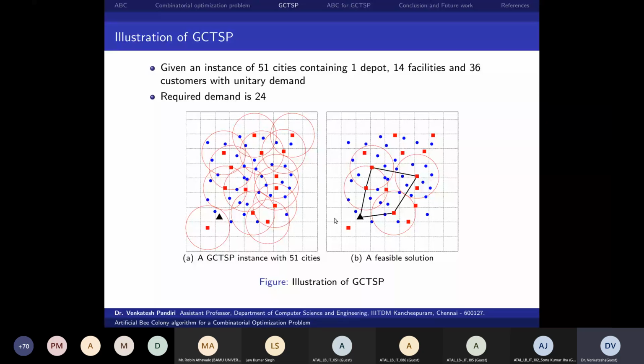As you can see, this problem requires identifying a subset of facilities. There are multiple facilities over here, but we need to identify a subset of facilities first, and after identifying them, we need to order them, in which order we need to visit these facilities.